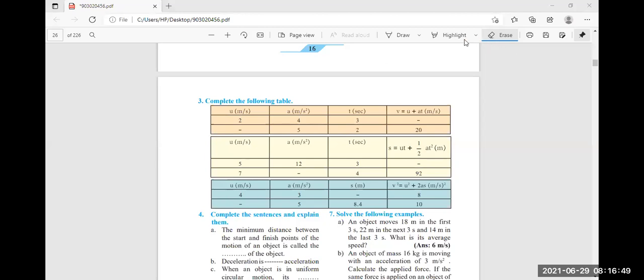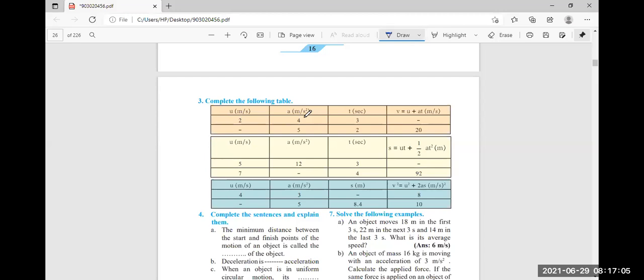Yes. So now here U is given as 2 meter per second, A is given as 4 and T is given as 3. We have to find the V. V means the final velocity.